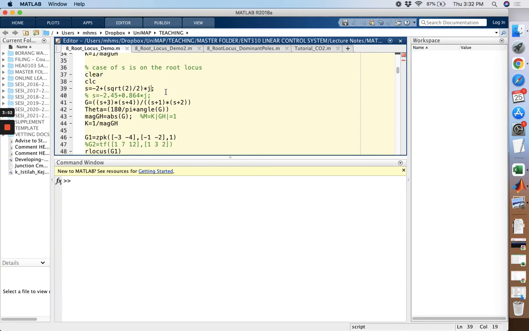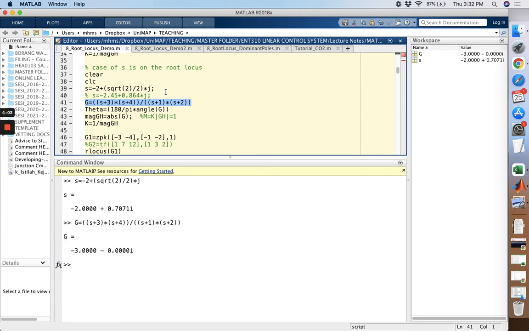Our s now is at negative 2 plus 0.7i, and then we can find the resultant transfer function g, which equals negative 3, a real value. Then we can find the theta, which in this case is negative 180 degrees, so it's actually 180 degrees.